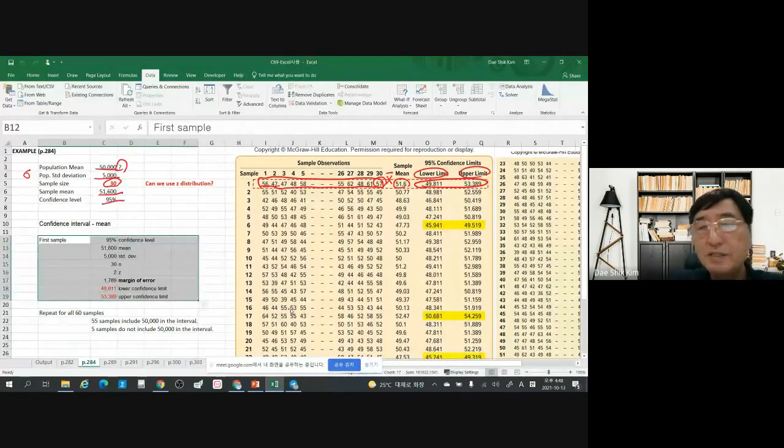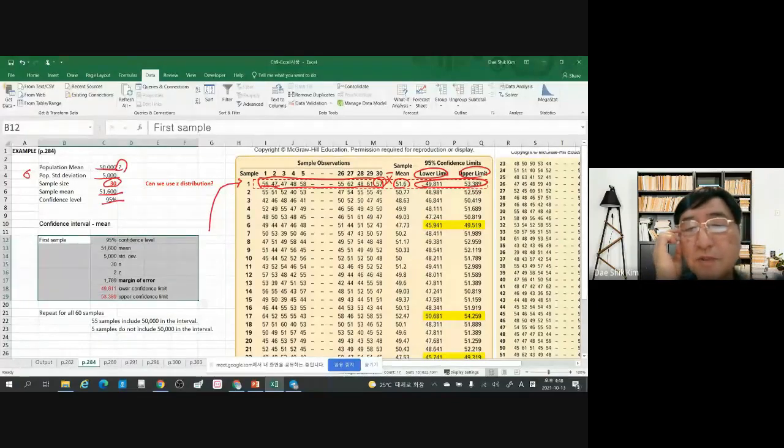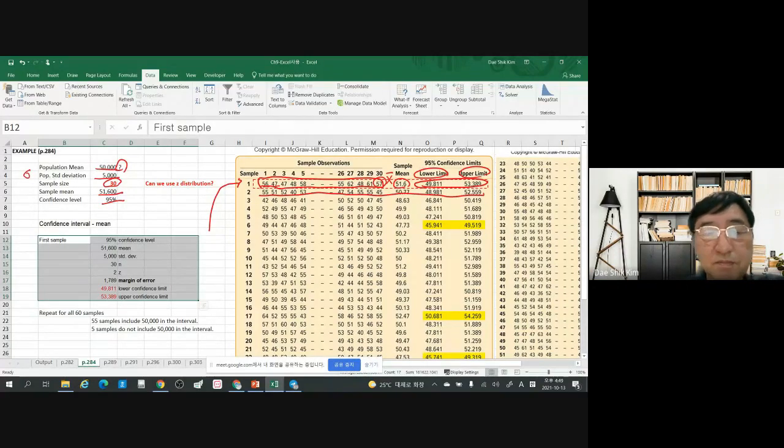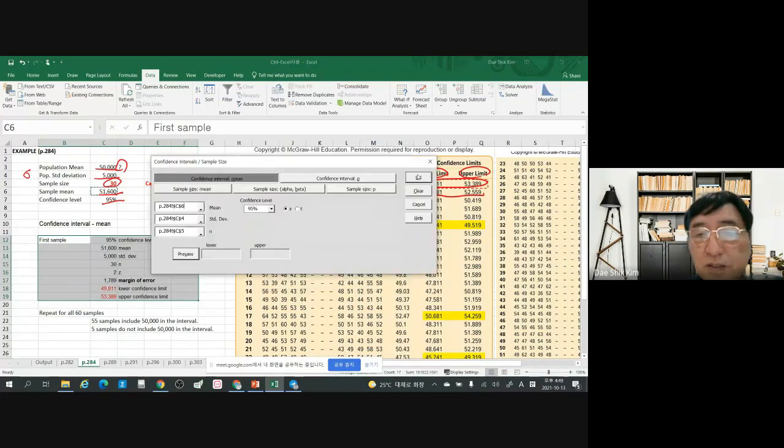This is what I have solved for the first sample, the first sample of size 30. Next time, can you do this one? I will try to solve the second case. Clear.